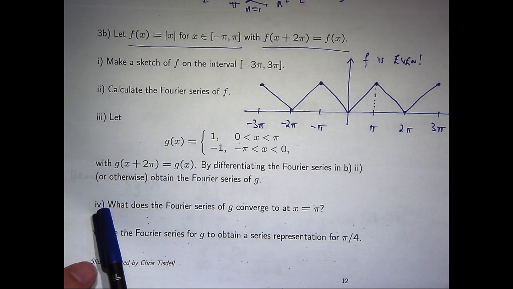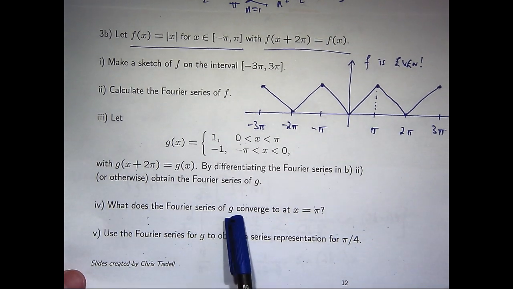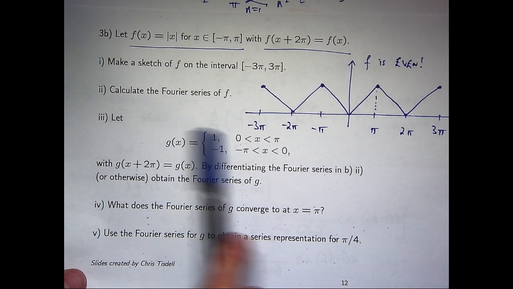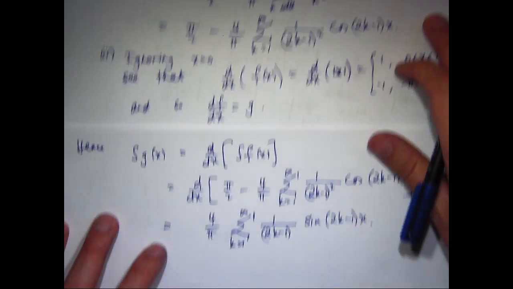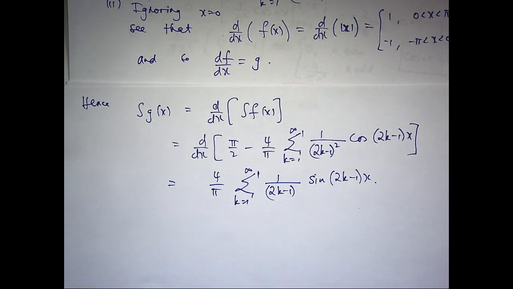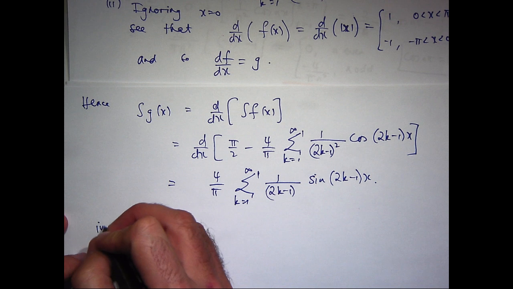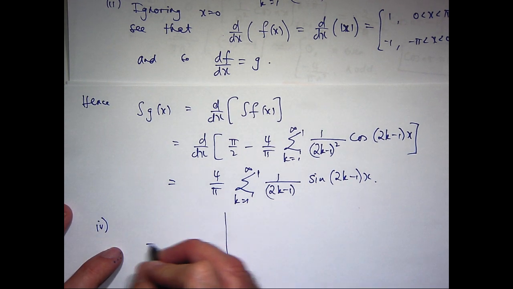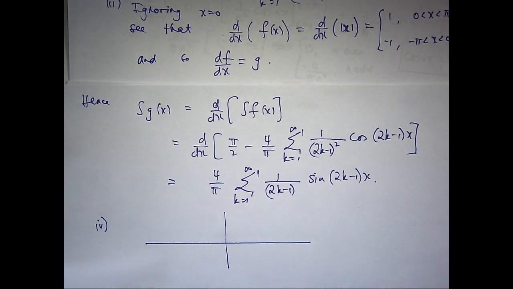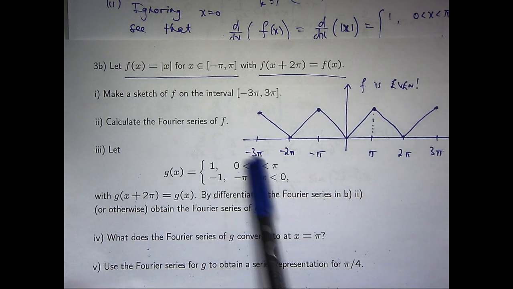All right, part 4. What does the Fourier series of g, this function here, converge to at x equals pi? Okay, well, let's draw a graph of the function g. g is essentially like a square wave function.